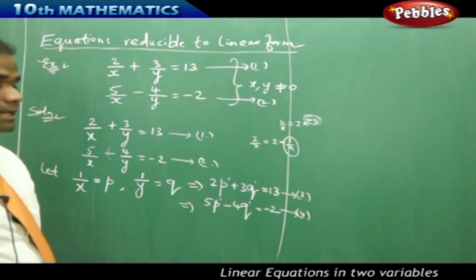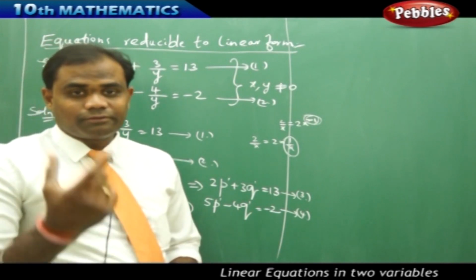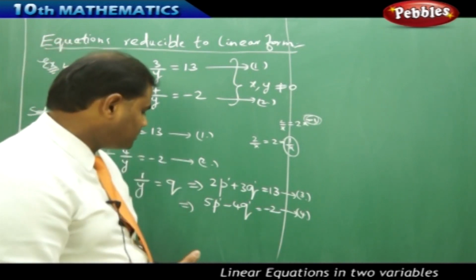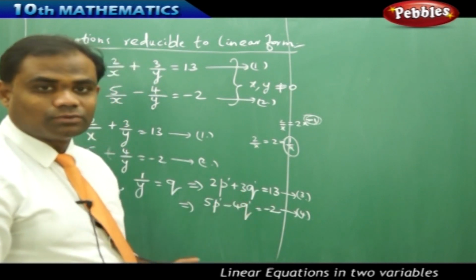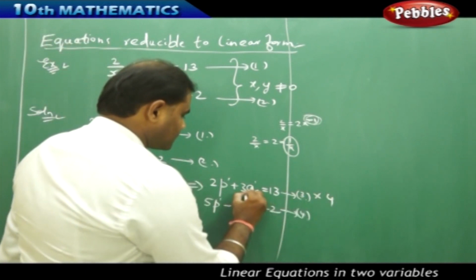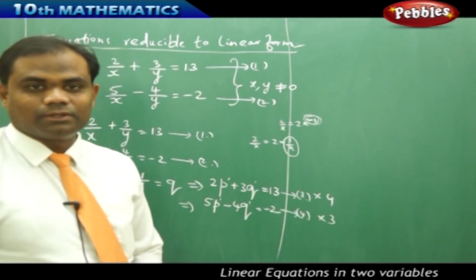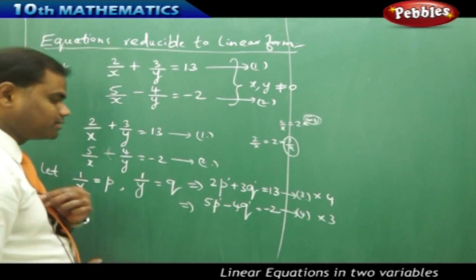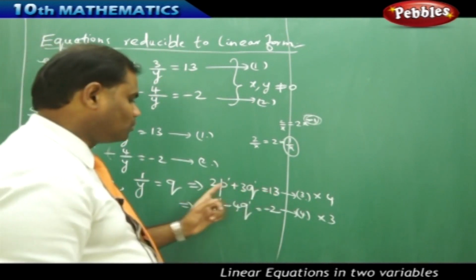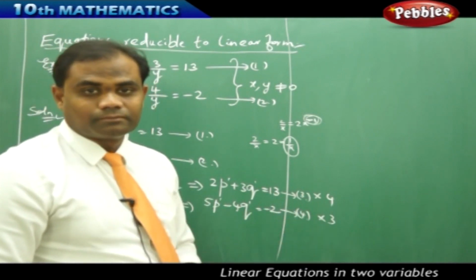So in order to use the elimination method, to recap from the session, we need to make one of the coefficients equal. So let me try to make the coefficients of q equal, so that this is multiplied here and this is multiplied here, and I get the coefficients equal. So let's see what equations I get when I multiply the whole of equation 3 with 4 and the whole of equation 4 with 3.